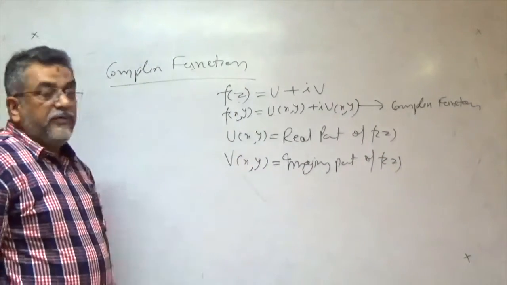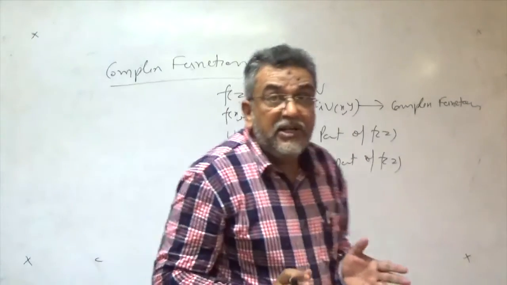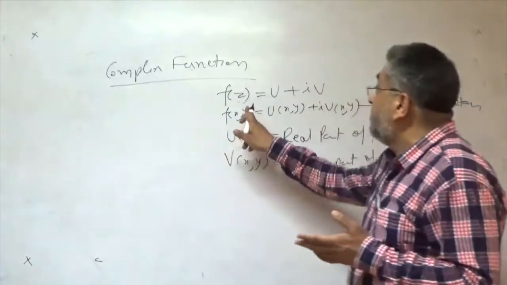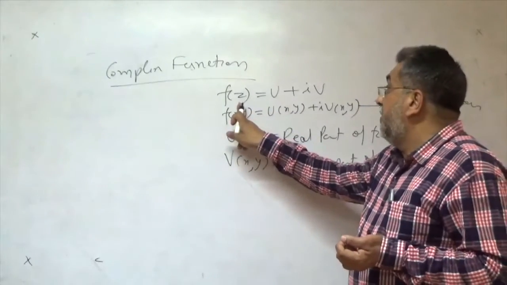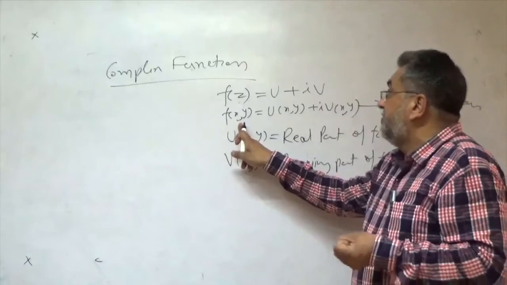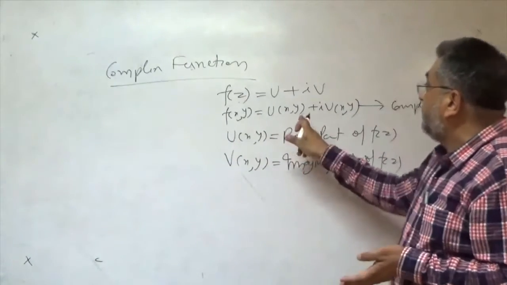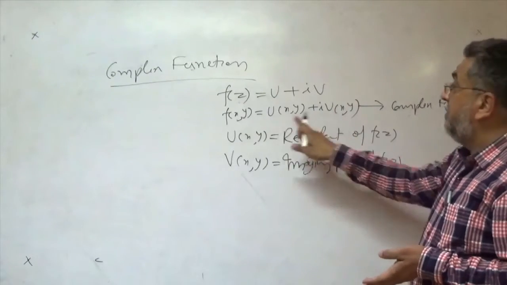So this is the concept of complex function. Now here is one difference. If we take z as a single variable, then this is a single value function. But you know that z is an ordered pair of two real numbers. So f of x y equal to u of x y plus i v of x y is a function of two variables.